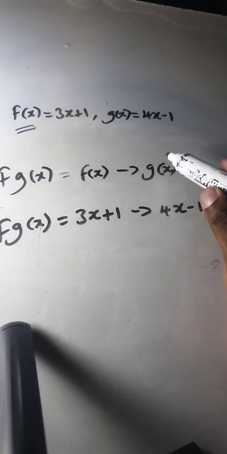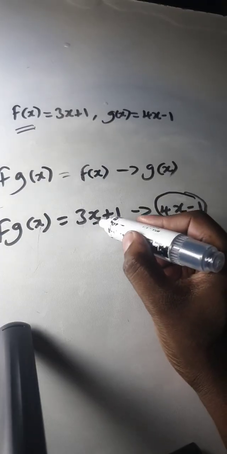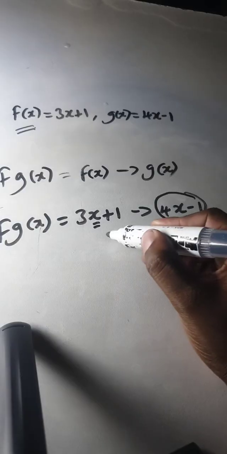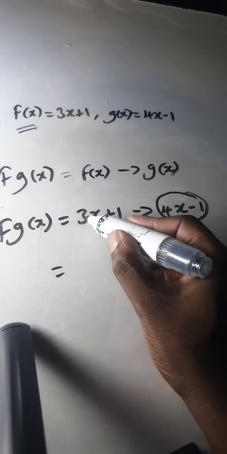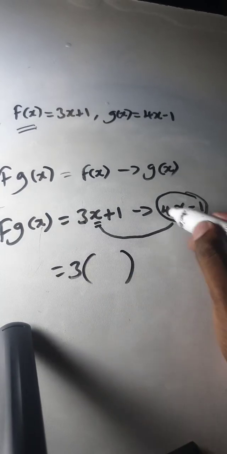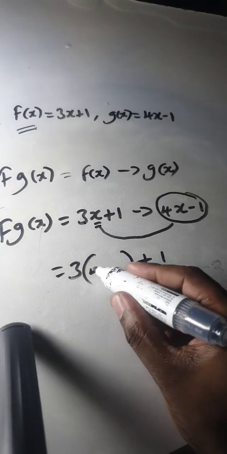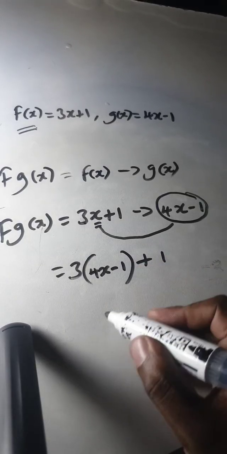Then we say where there is x in the first function, we replace it with the second function. So now we are going to say 3 open bracket 4x minus 1 close bracket plus 1.